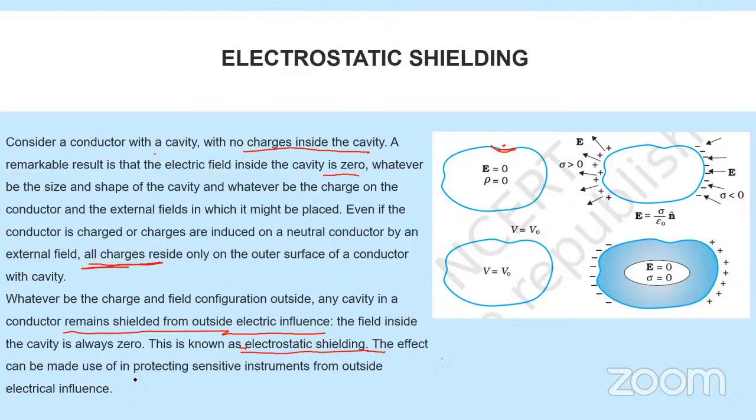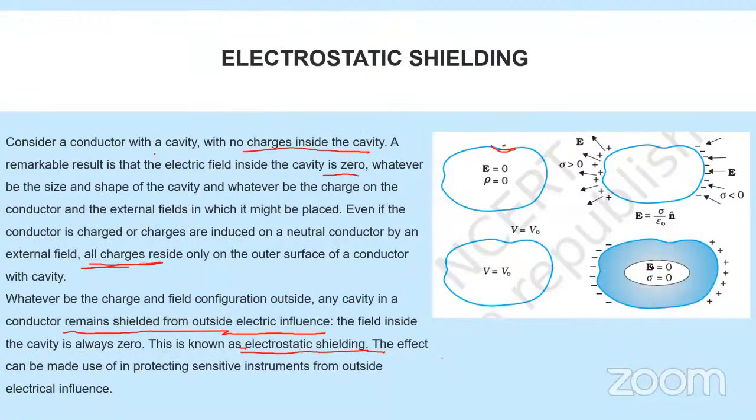This effect can be used for protecting sensitive instruments from outside electric influence. So this cavity can shield anything from the influence of the outside electric field. These are some configurations where you can see that the shape or charge is not affecting the inside.